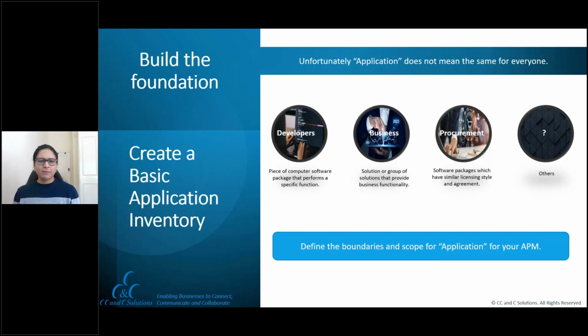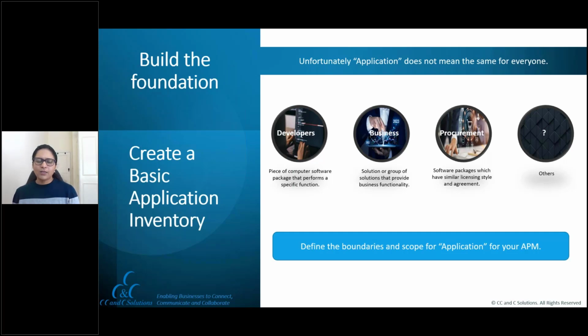For a developer, it's a piece of code that they have built which is doing a specific function. When you ask a business, it is a piece of functionality which has been providing value for the business, a unit that is providing value to them. And you ask a procurement person, he will say this is something I'm paying license for. All these definitions are right, and at the same time not right for APM.